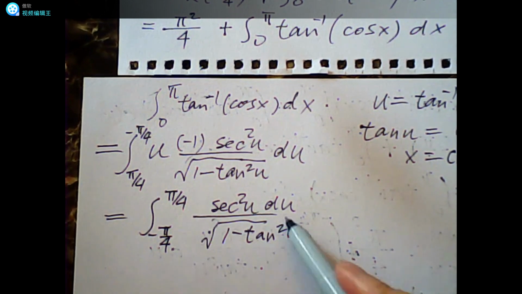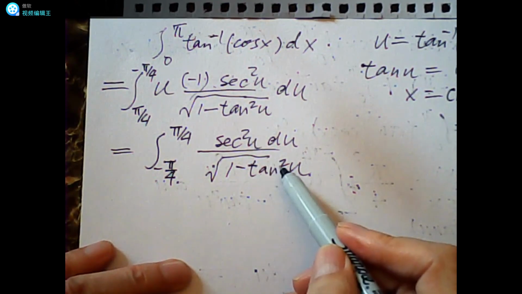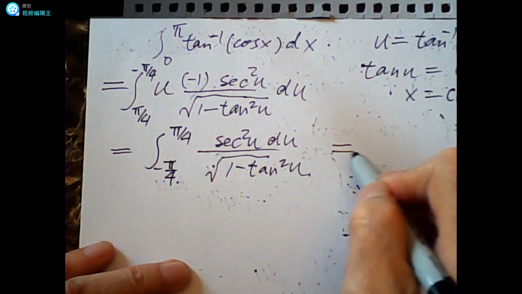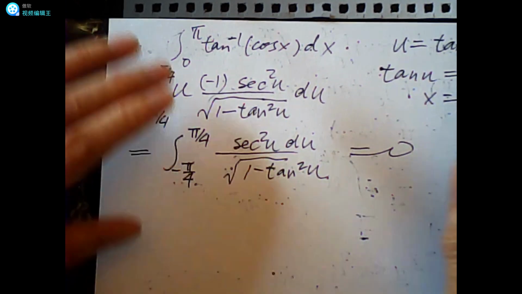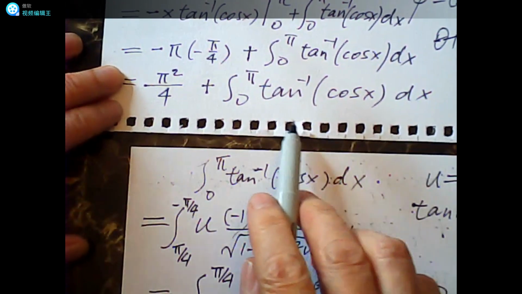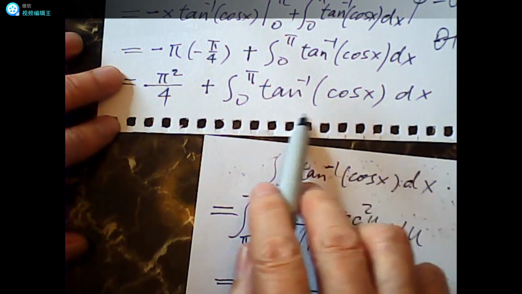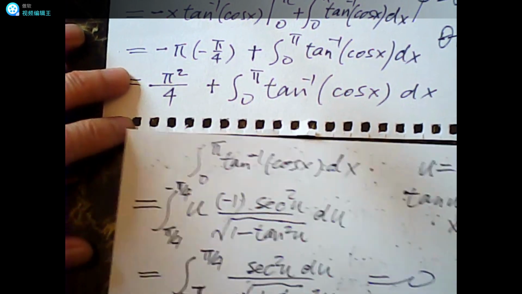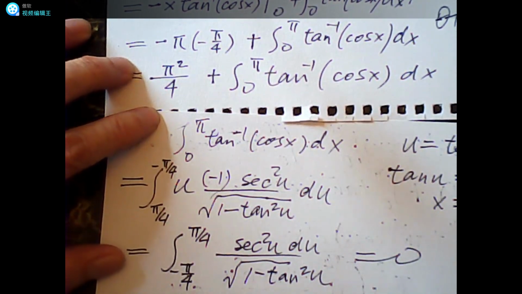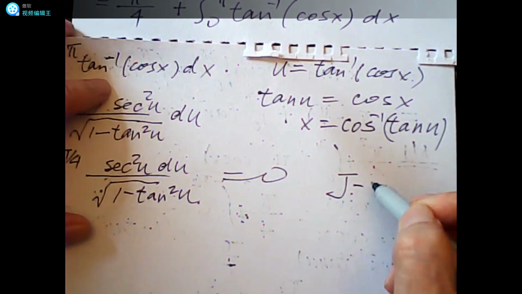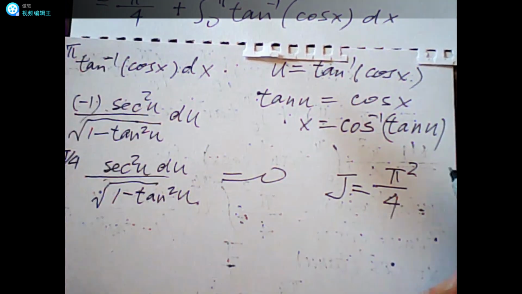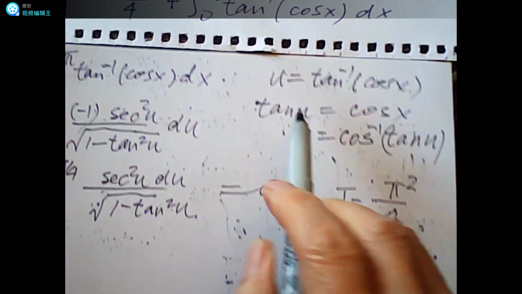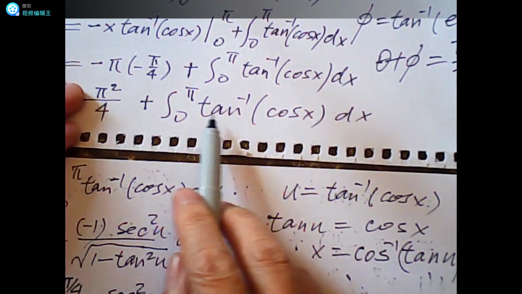See, this function is an even function, so this is 0 for that interval, right? That means this one is 0. Therefore, my J is equal to pi squared over 4, because this is 0.